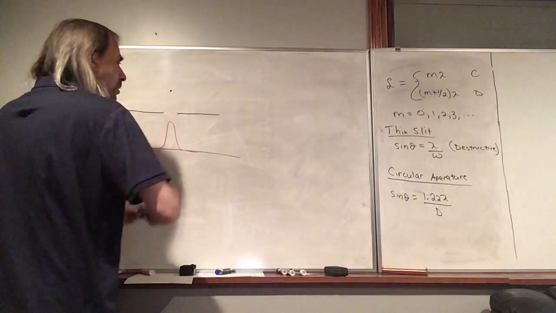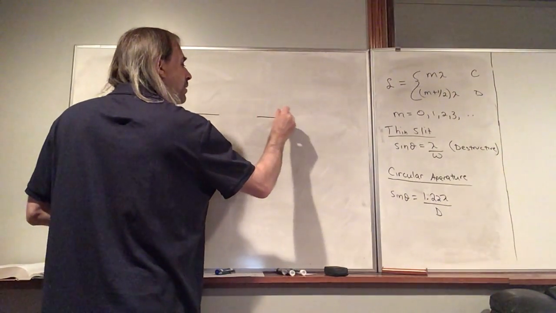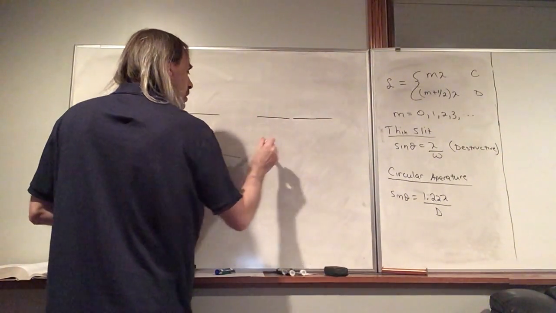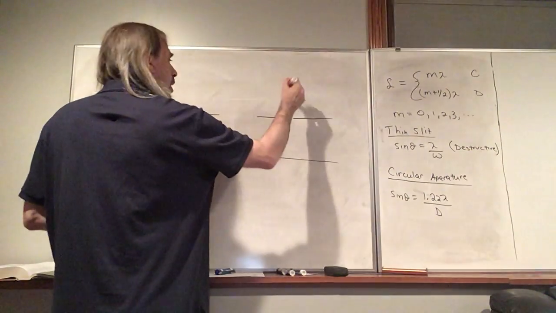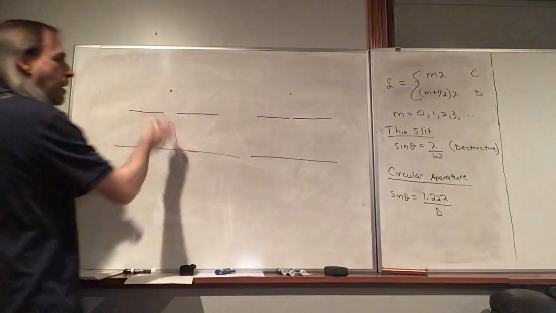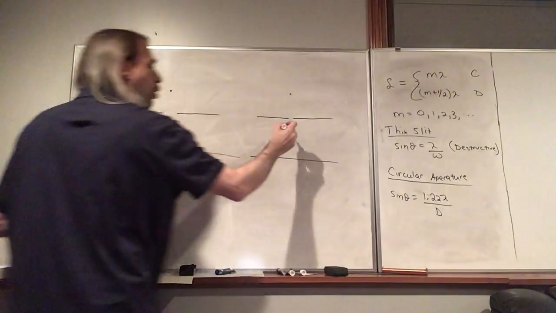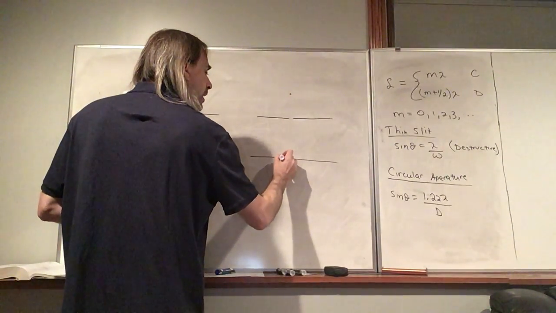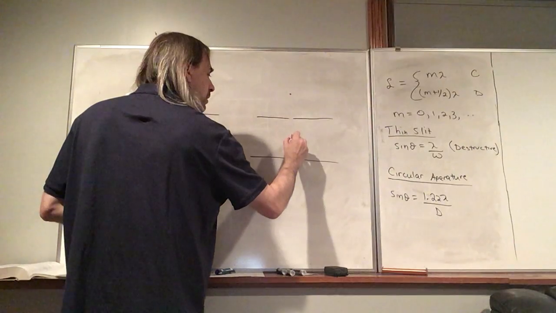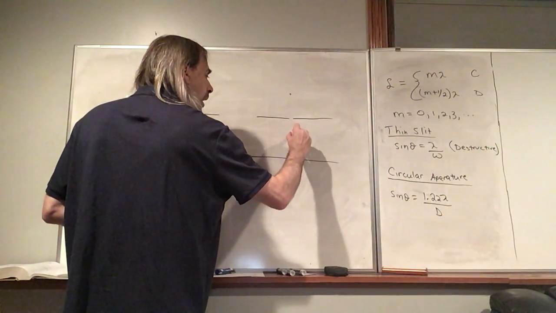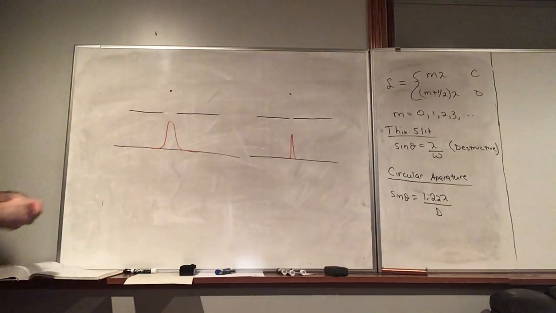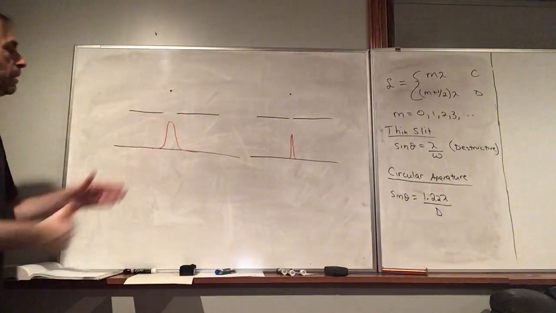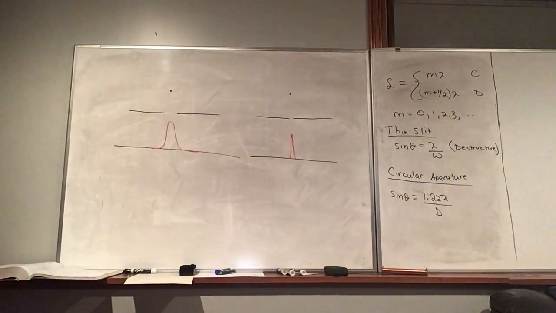Let me actually draw that as these two examples. Basically everything is the same about these two except for the size of the opening. So here we might get something that just looks like this, almost just a vertical line, and here with a narrower opening, more diffraction.